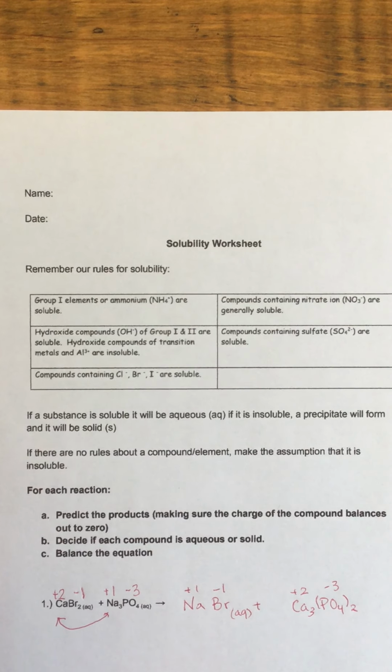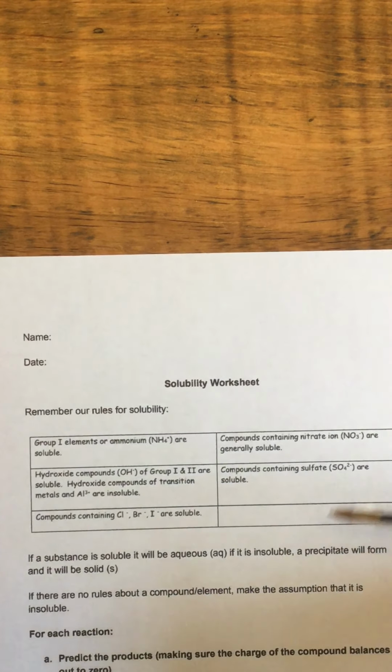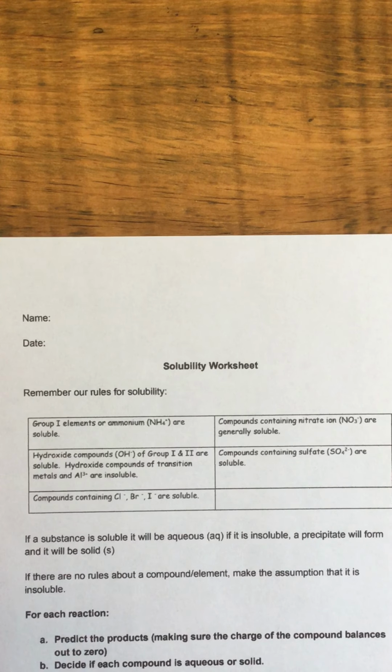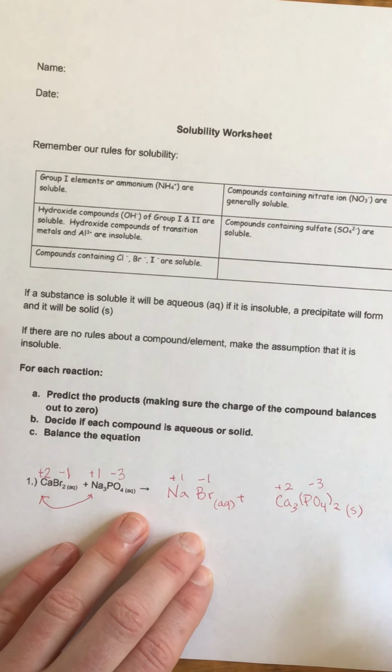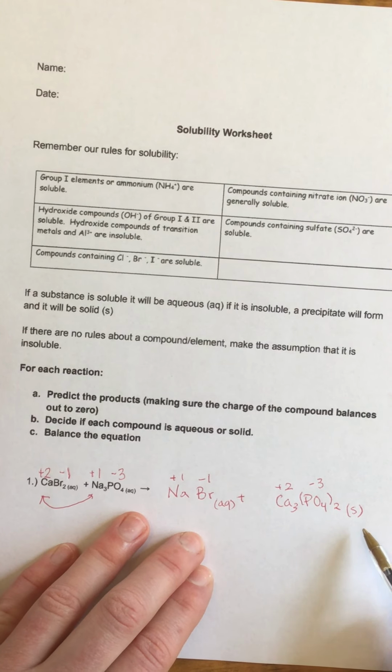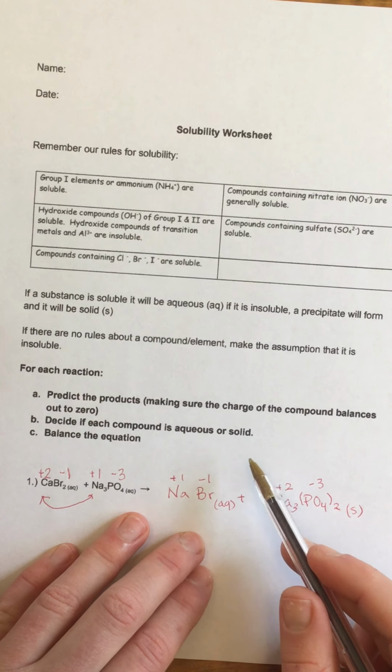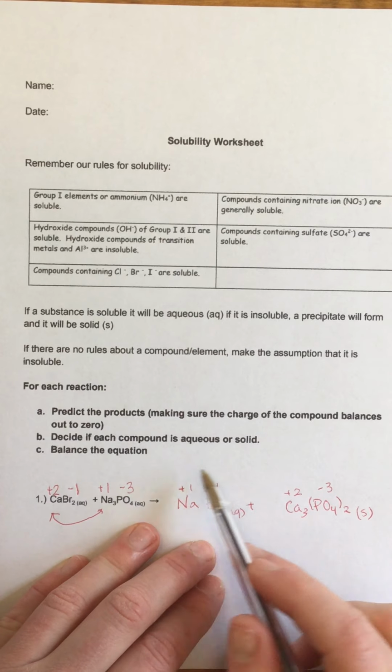Calcium phosphate, if we refer back to our rules, I actually can't find any rules that say anything about phosphate or calcium. So if it's not on our rules of solubility, we'll assume that it is insoluble, therefore forming a precipitate or a solid. So we've now achieved part B of the reaction.